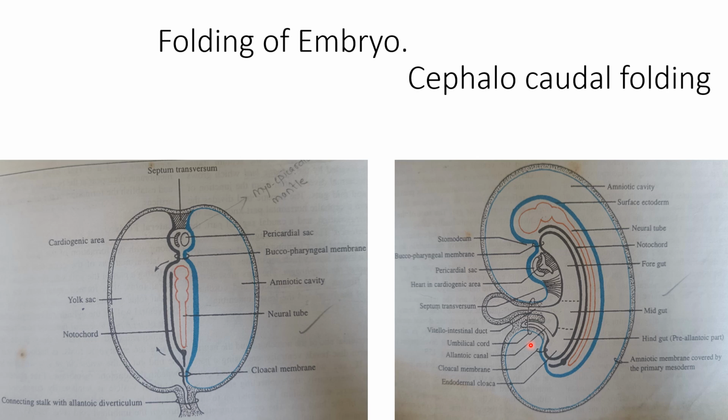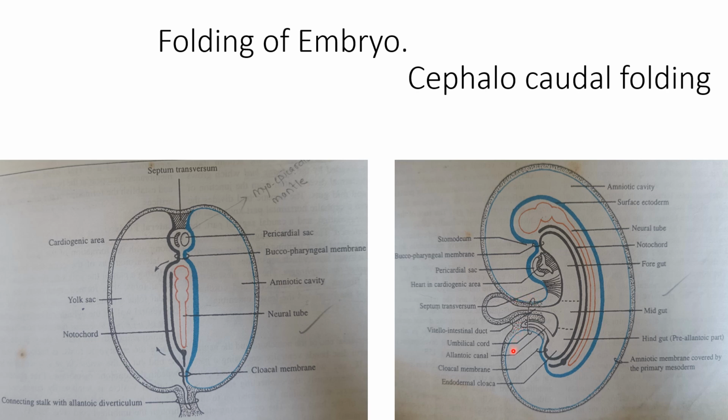And we can also see that the cephalic fold, caudal fold, and the lateral folds, all these foldings are converging on the ventral surface. This is the ventral surface of the embryo. All these folds are converging on the ventral surface of the embryo, and the convergence is to such an extent that you can see this is the amniotic cavity, this is the amniotic membrane.